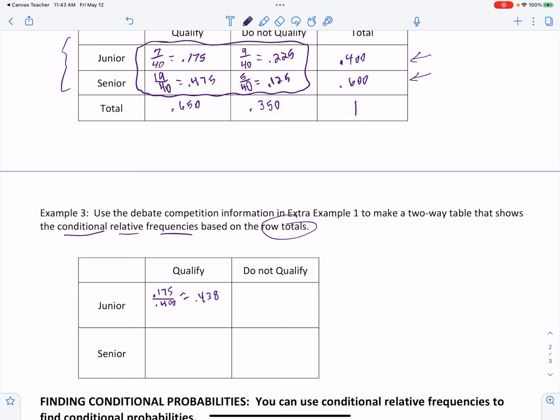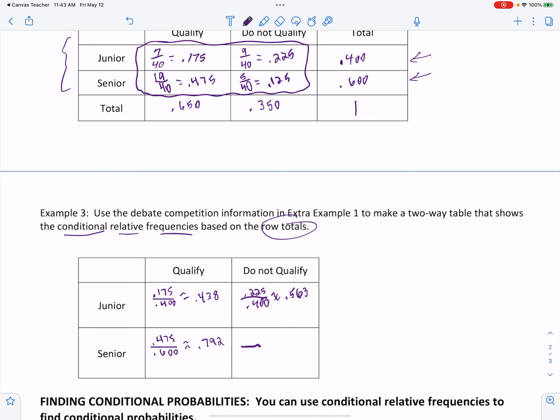And for those who don't qualify, we have 0.225 over, again, the 0.400. And that comes out to 0.563. And for the senior, we have our 0.475 over the row marginal frequency of 0.600, and that's about 0.792.